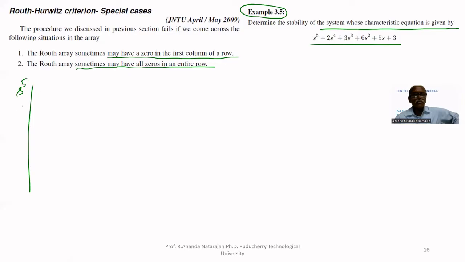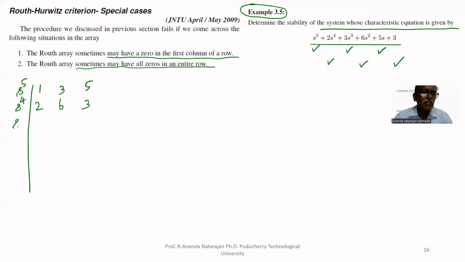So we write S power 5 and S power 4, two rows: 1, 2, 3, 6, 5, 3. In the first row we are writing 1, 3, 5. In the second row we are writing 2, 6 and 3. So the first two rows we got.